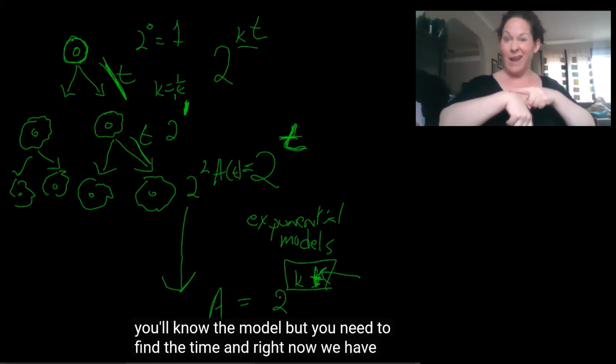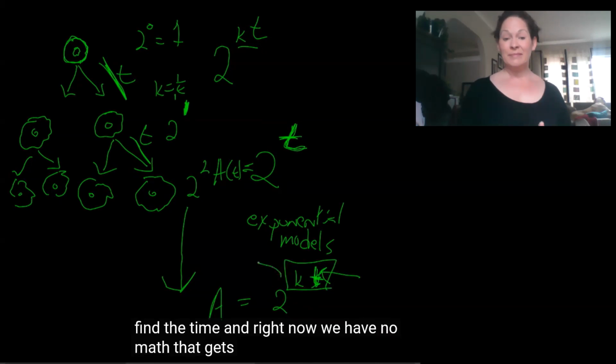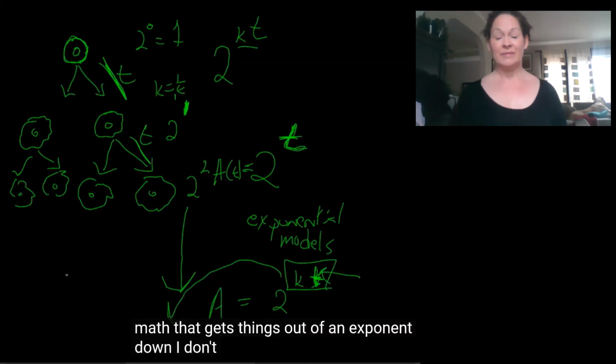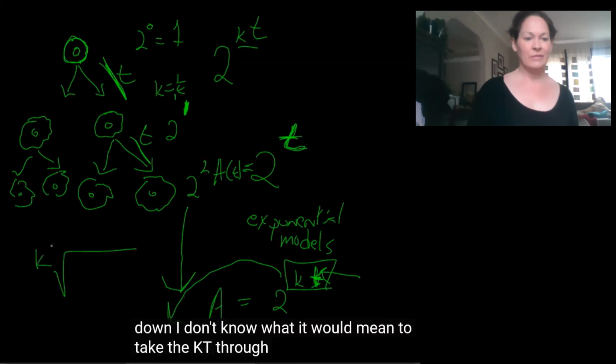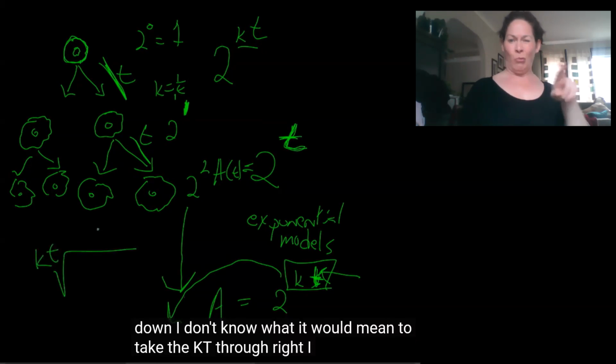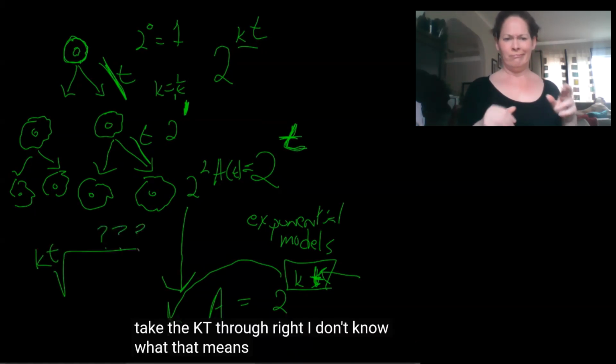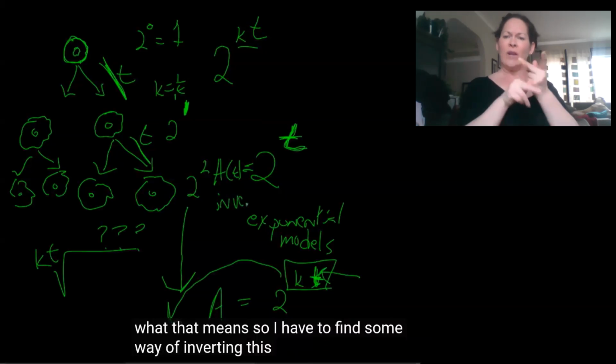And right now, we have no math that gets things out of an exponent down. I don't know what it would mean to take the kth root. I don't know what that means. So I have to find some way of inverting this.